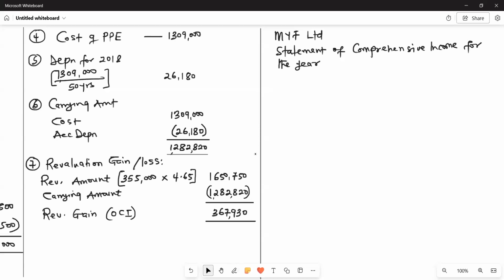If you don't bring the limited, then it's a sole proprietor. The year is 31st December 2018.